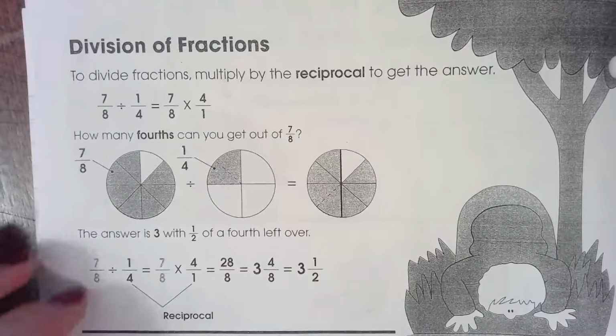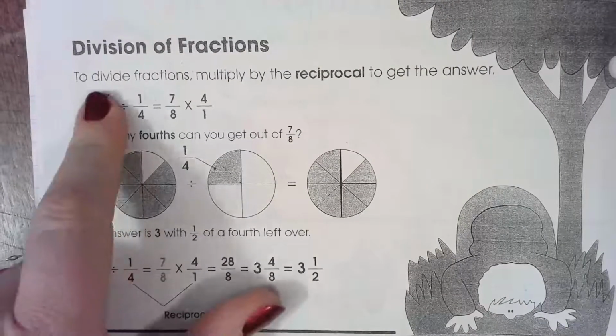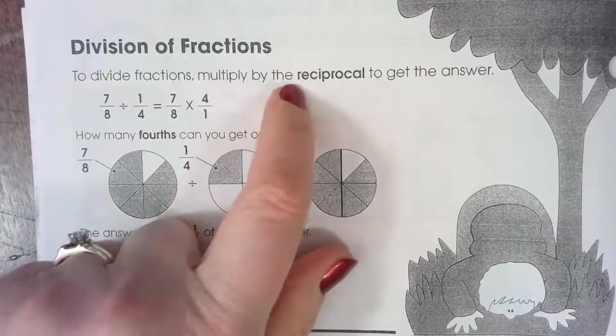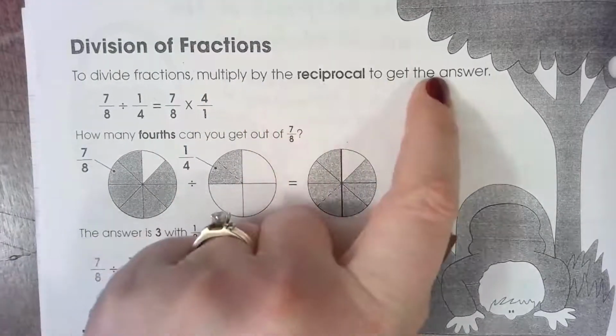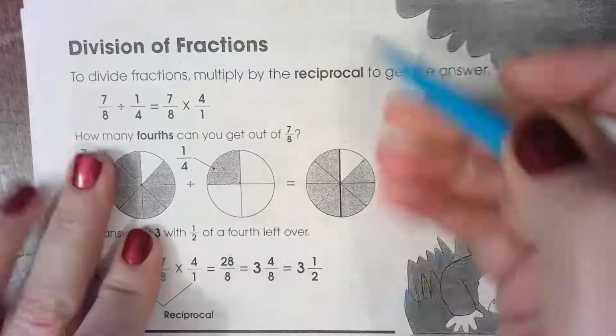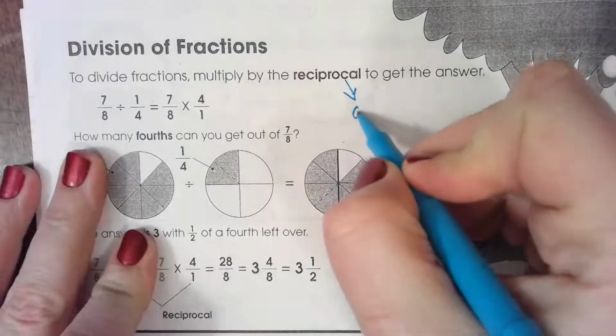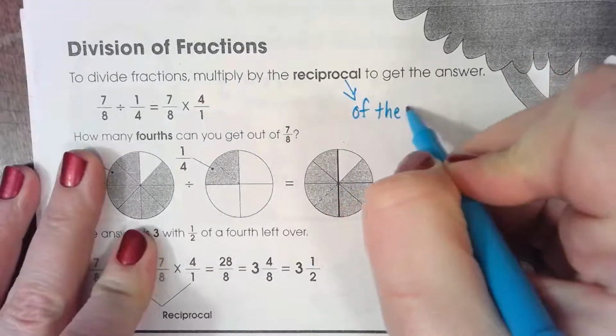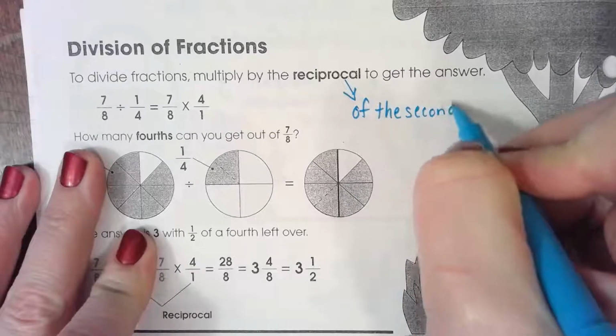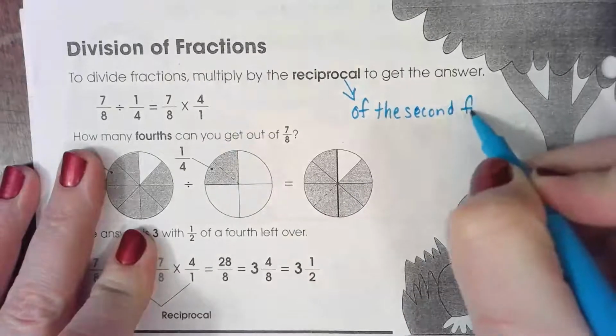Now, we want to know about reciprocals because if you turn the page to page 32, now we can divide fractions, okay? Because we worked on multiplying fractions, but in order to divide fractions, we have to multiply by the reciprocal to get the answer. So we take the reciprocal of the second fraction.